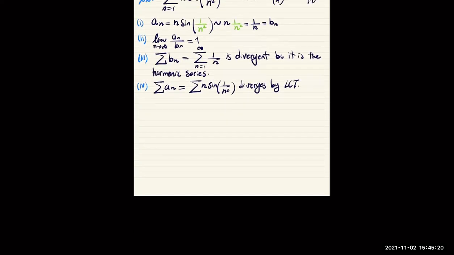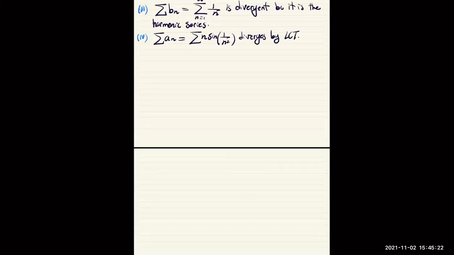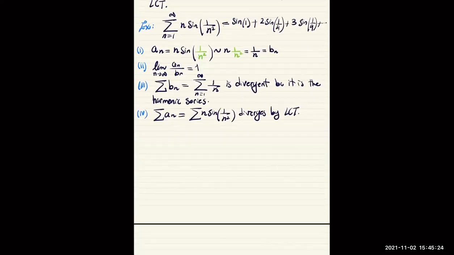So again, just pay attention to these steps, okay? Sine of 1 over n is asymptotically the same as 1 over n. We know that. And then you can replace this n with anything. I can replace it with n squared, and the statement's still true.